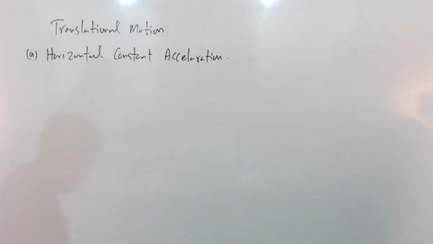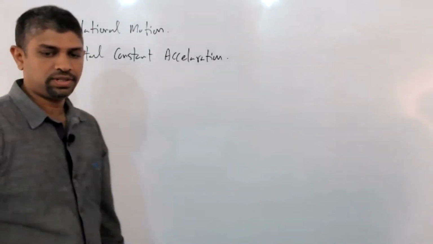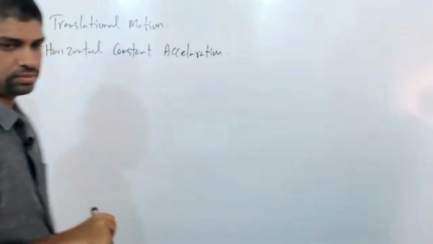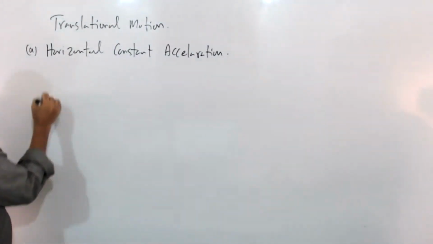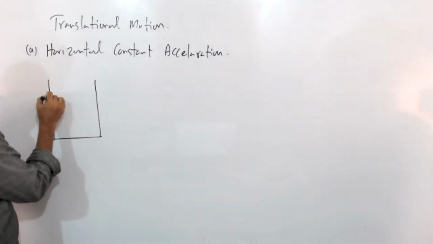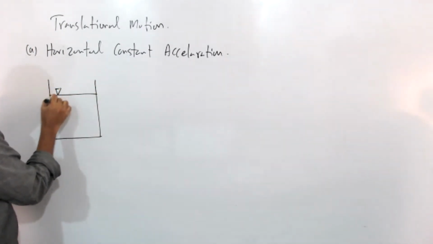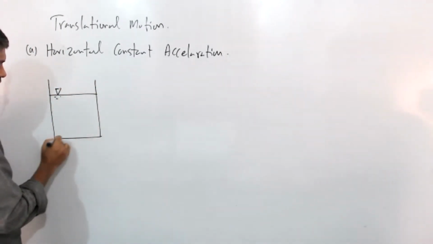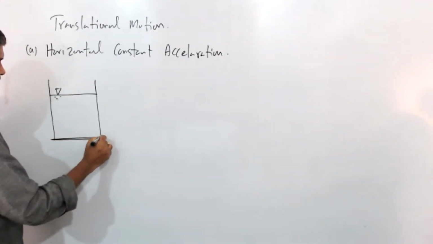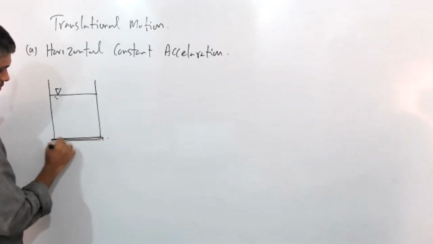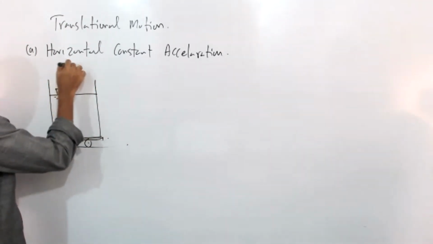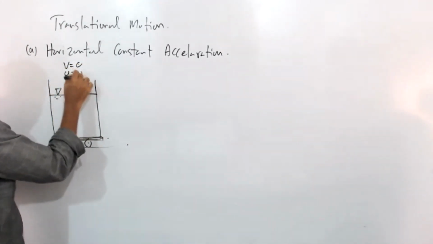All of you think that there's a fluid, there's a fluid container. Now it is at rest. The container is at rest. Let's say we will keep it on a trolley or somewhere. Right now, it is at rest. Velocity is 0. Acceleration is 0.